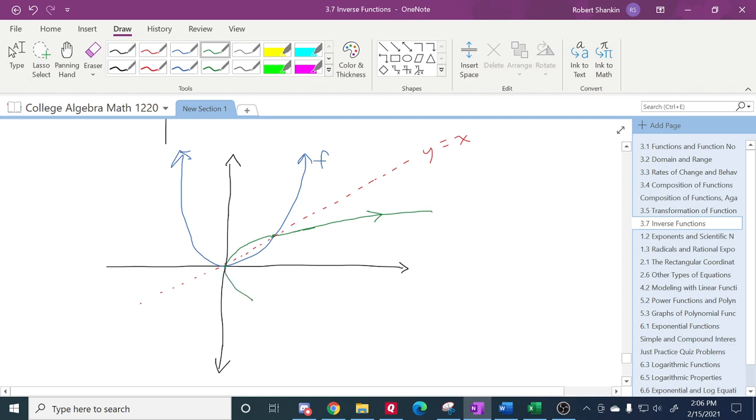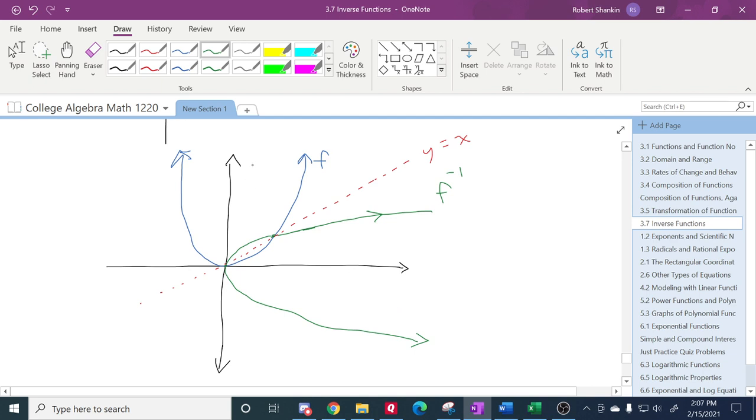It's going to wind up coming like this. So what happens is the original function, when I reflect it across the line y equals x to make its inverse function, an upward parabola would become a sideways parabola.